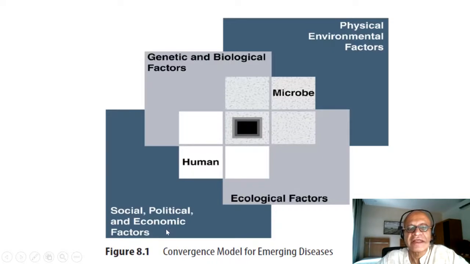Ultimately, social, political, and economic factors, as well as physical environmental factors, come together with what the microbes will do in response to these changes to give us the emergence of diseases. So finding just the climate factors, which is our focus here, is not always very straightforward. There are many steps to go from climate and weather forcing to all these factors and then the ultimate disease outcome. Okay, we have to keep that in mind.